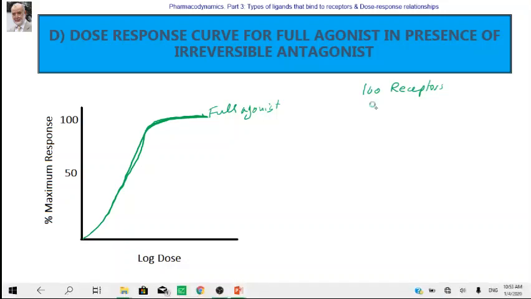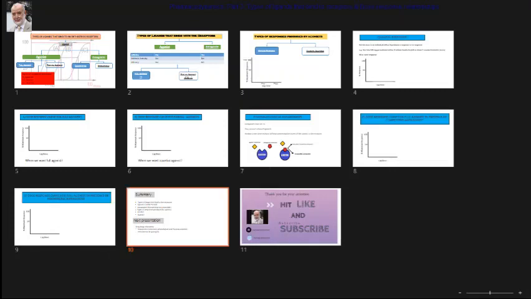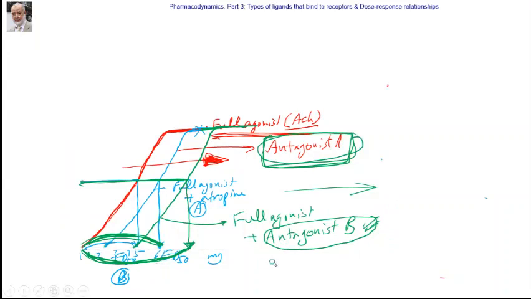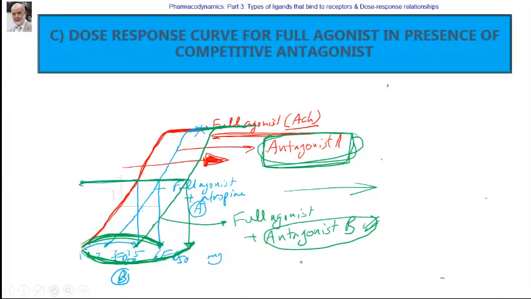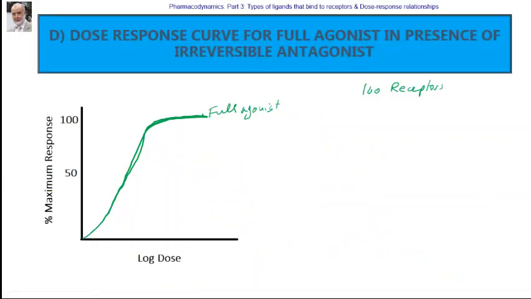And the agonist, to produce maximum effect, needs only 10 receptors.